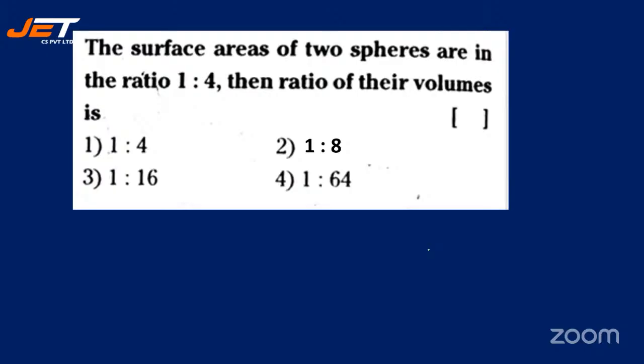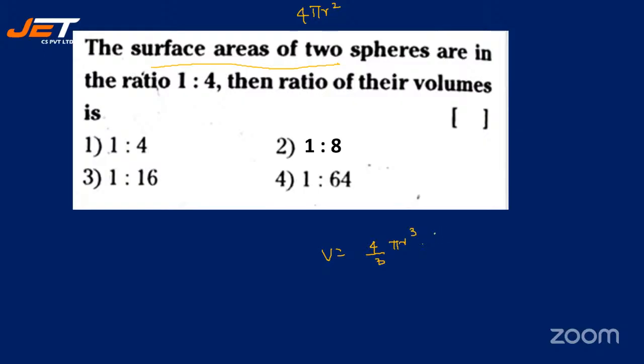It is nothing but 4 pi r square. So the surface area of the sphere is 4 pi r square, right? What we need to find out is the volume, isn't it? So what would be the volume? Volume of the sphere is 4 by 3 pi r cube.